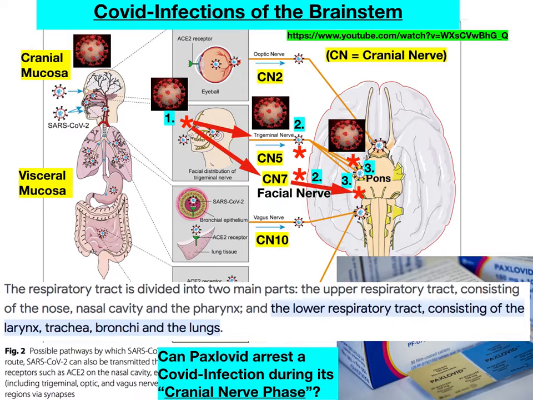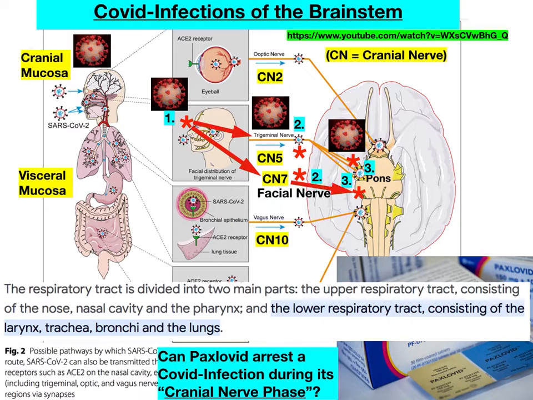So oropharyngeal infections, nasal cavity infections, occur very early on during a COVID infection. So the launching of virions into cranial nerves 5 and 9 is likely to take place fairly rapidly.